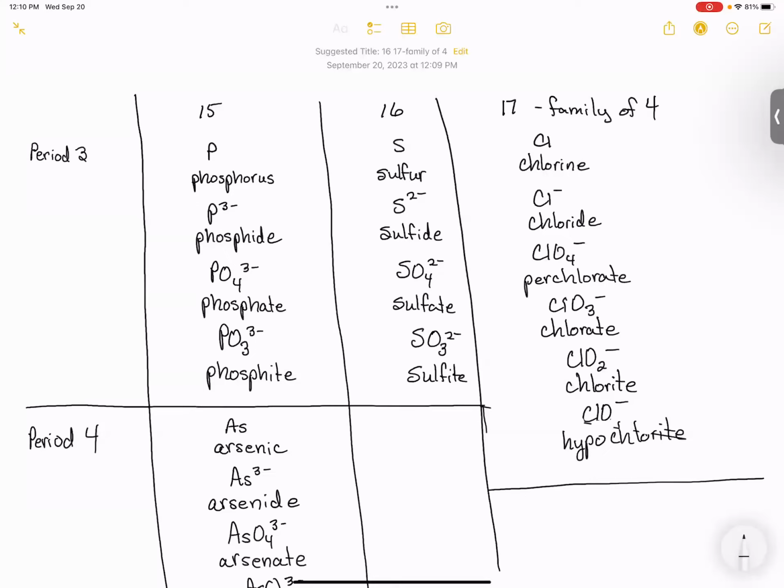That's why it's called a family of four. And they differ by one oxygen as you go down. What else do you notice? They all have a -1 charge, just like chloride has a -1 charge.